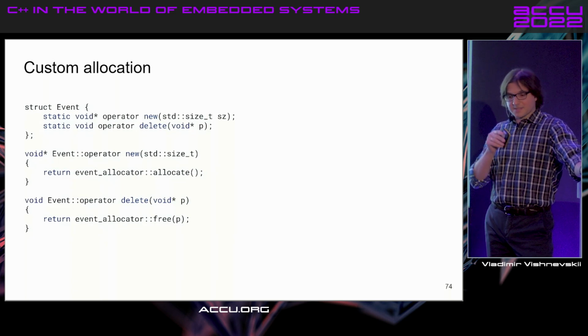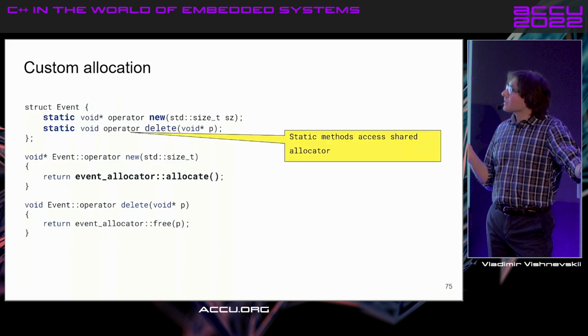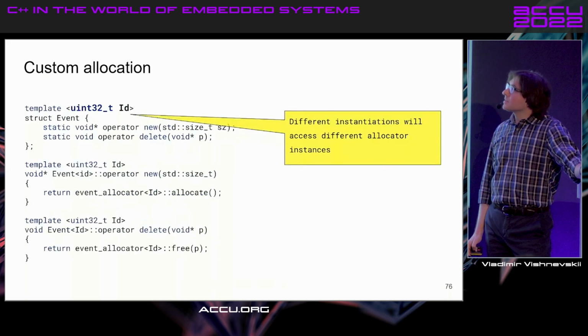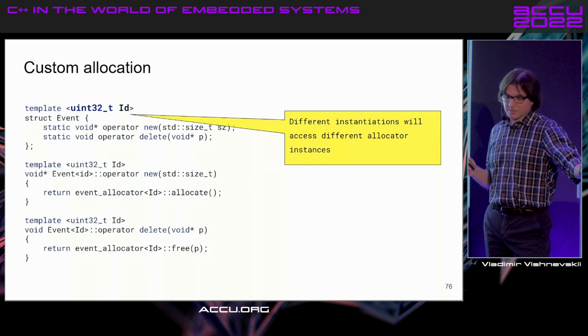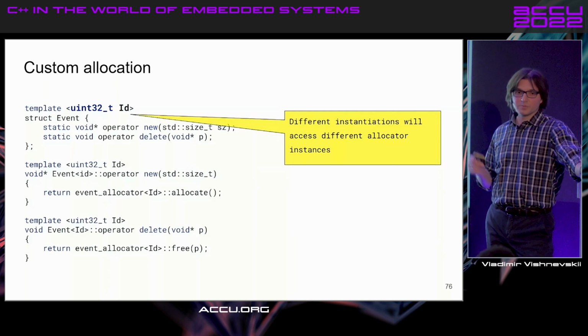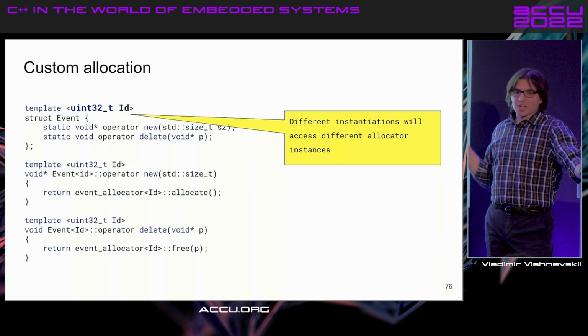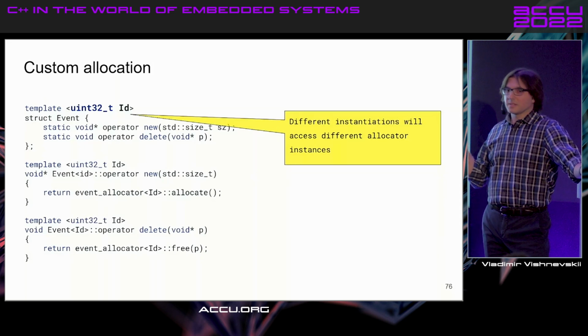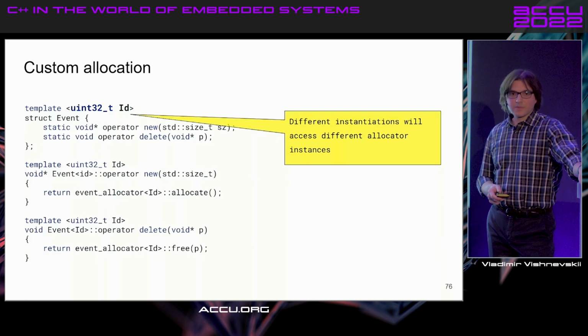As we have the static structure for most of these embedded real-time applications, and we know what tasks we will have, we can generalize this code and introduce a template parameter that will be responsible for the ID of the task where this event will be used. This will allow different instantiations for different tasks, and the allocations of the different objects will happen from different instances of the pool, effectively avoiding competition for the resources.